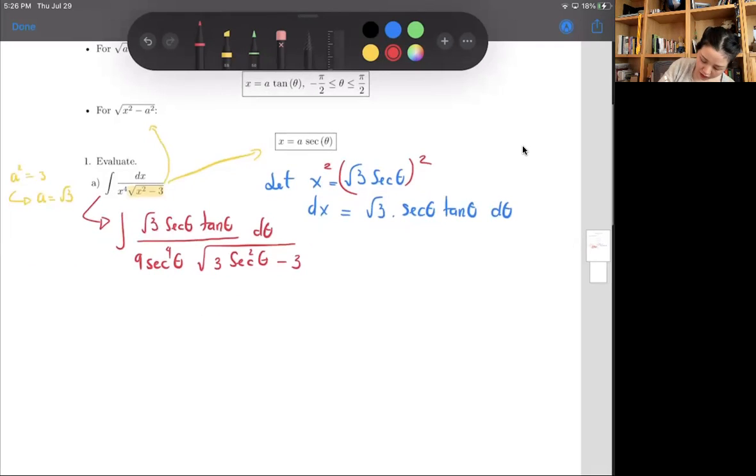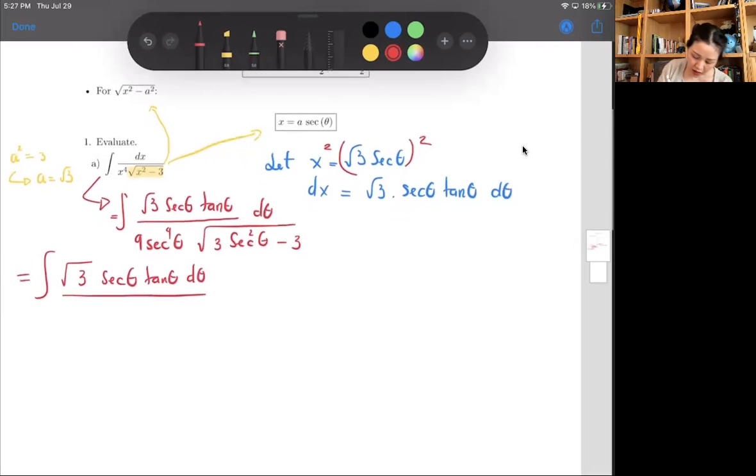Now let's clean it up a little bit. I'll rewrite the top: the integral of the square root of 3 secant theta tangent theta d theta over 9 secant to the 4 theta.